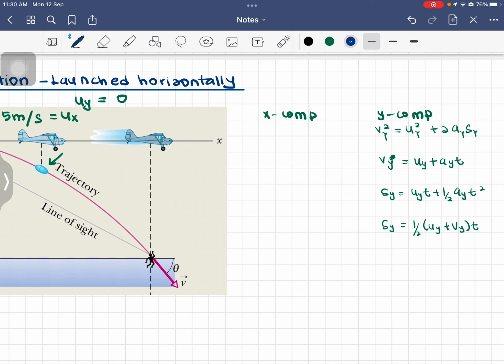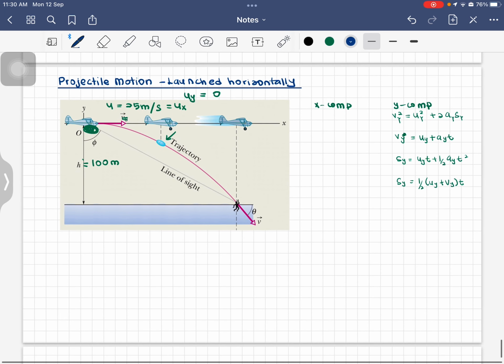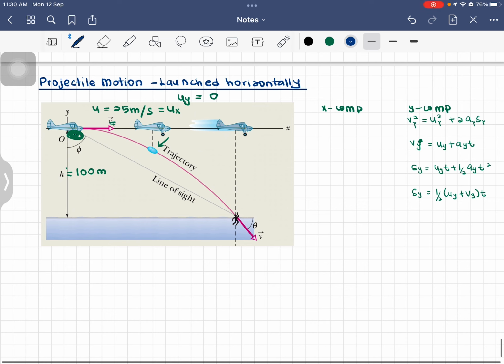For the x component, the rules for projectile motion are: first, you must have ay equal to negative 9.81 meters per second squared, and your ax is equal to 0, and your vx is always equal to ux.